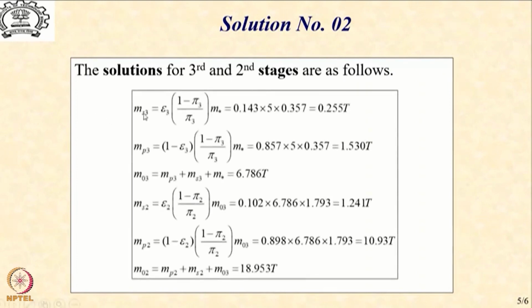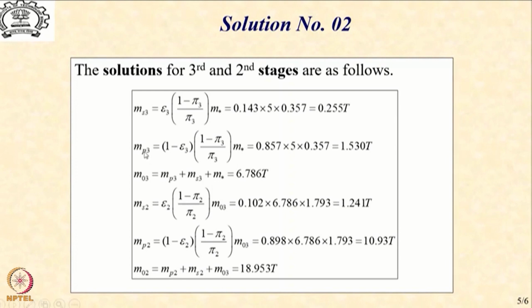So for the third stage, structural mass is driven by the third stage structural efficiency, third stage payload ratio, and the payload mass. So when we perform this operation, we find that the structural mass of the third stage is 0.255 tons.